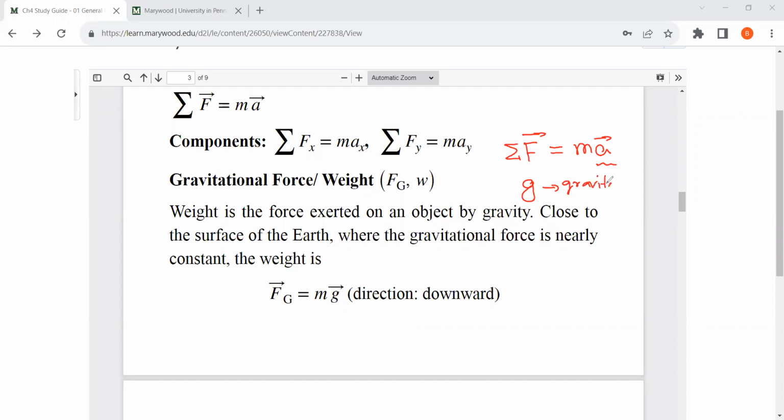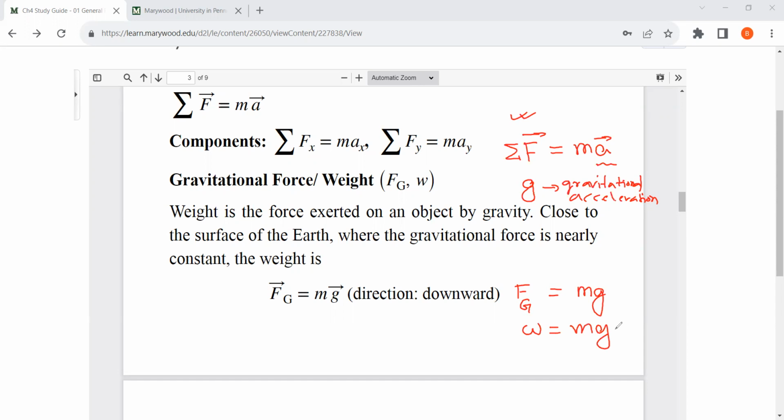In Newton's second law, if I change a to the gravitational acceleration, we have to change the left hand side to the gravitational force. So the definition of gravitational force is m times the gravitational acceleration. W is also equal to m times the gravitational acceleration.